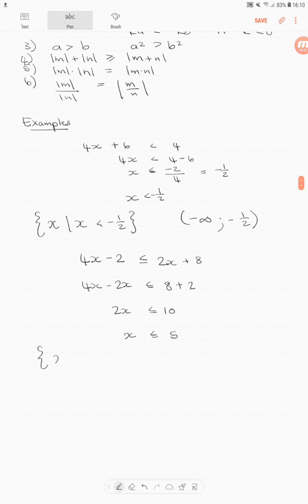In set notation, this gives us x, given that x is smaller or equal to 5. Again, we can have x any value from negative infinity to 5. However, in this case, it can also be equal to 5, which means we have a square bracket.